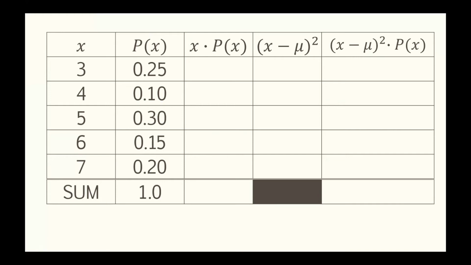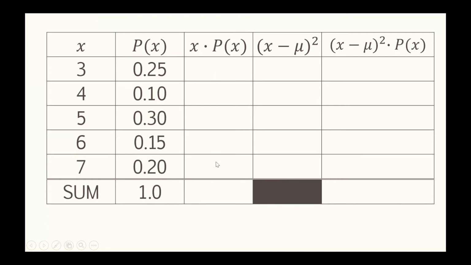From one of the properties of the probability distribution of a discrete random variable, the sum of the probabilities is equal to 1. So we have here 1 or 1.0. To get the mean, we have to get the summation of the product of x and the probability.